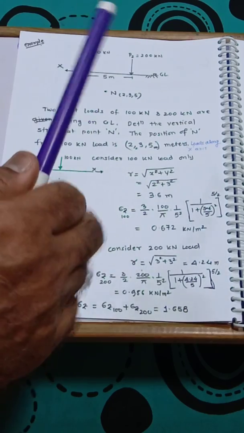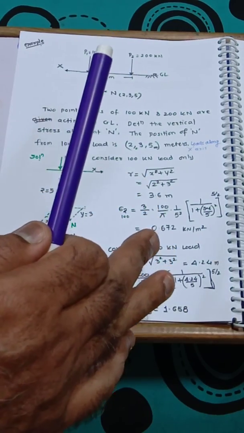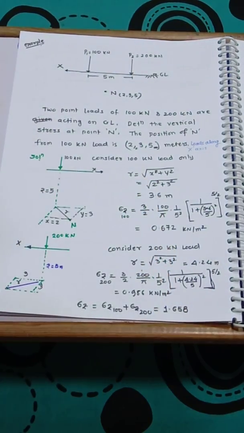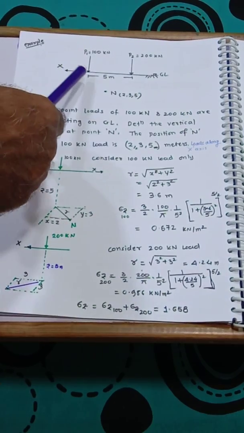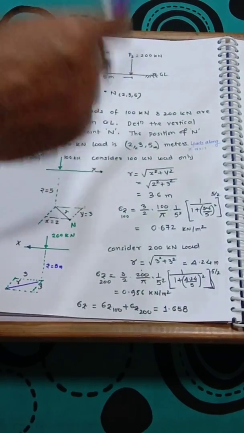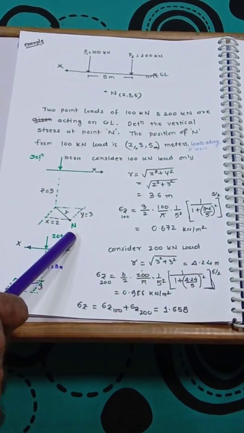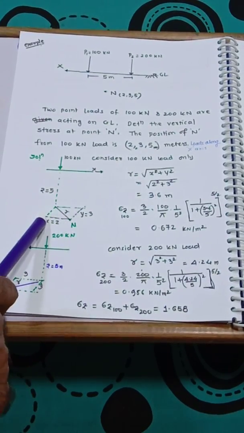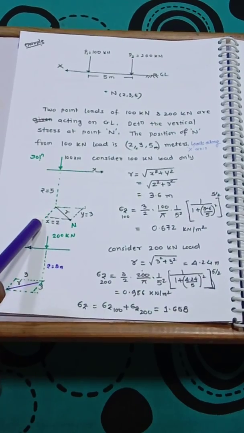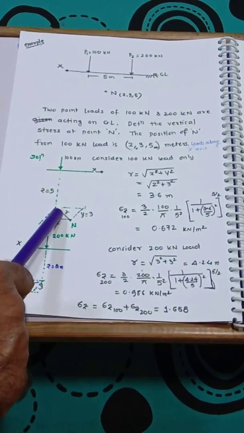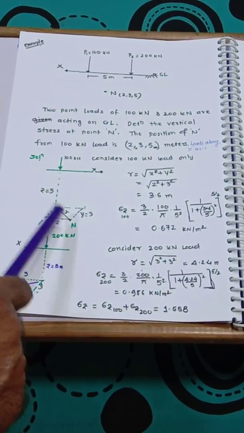What we do, again the concept here, the principle of superposition is used. So let us consider only the first load. Assume that there is no second load, so the first load is there. Look at the point N, at a distance x 2, y 3, z 5.